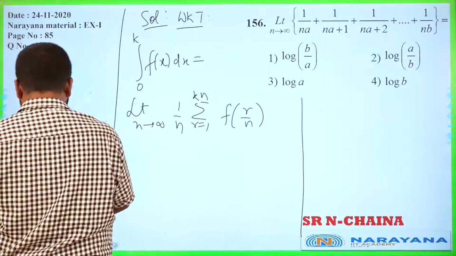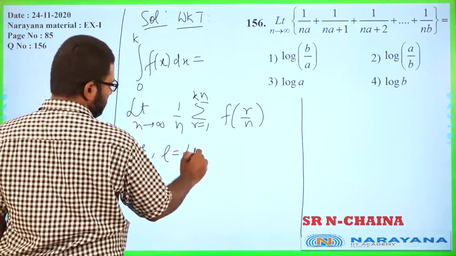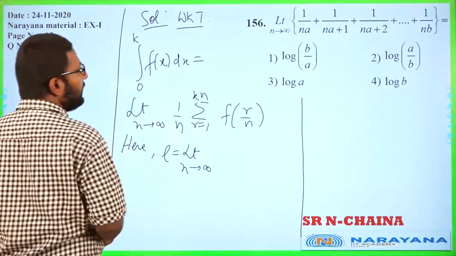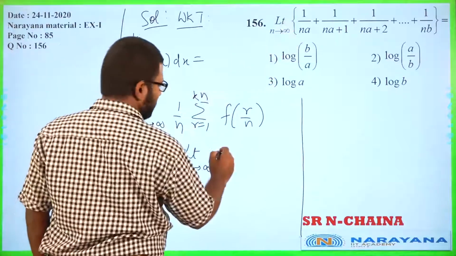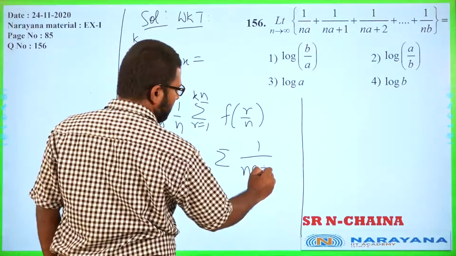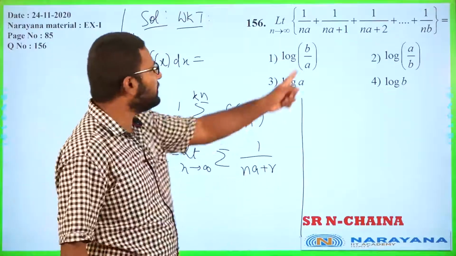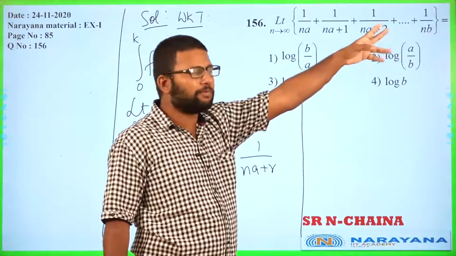So here L equal to limit n tends to infinity. First, like I said, first write everything in summation form. So summation 1 by na plus r, correct? Because na plus 1, na plus 2, na plus 3, up to what, we will come to that.